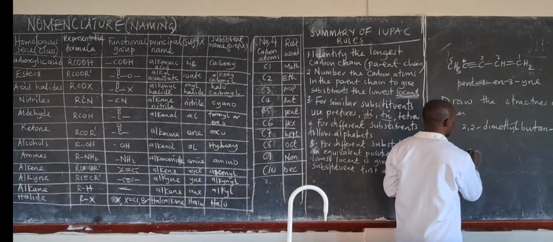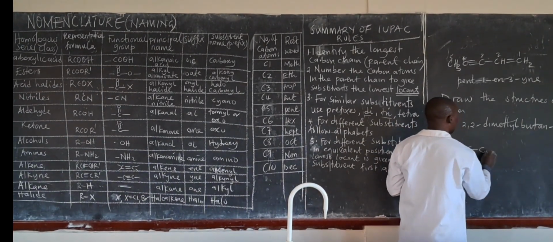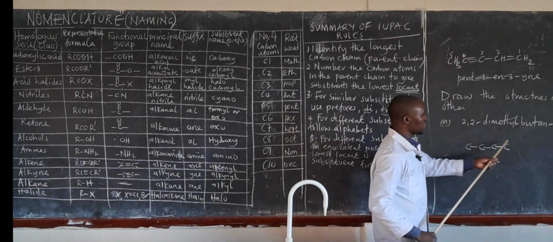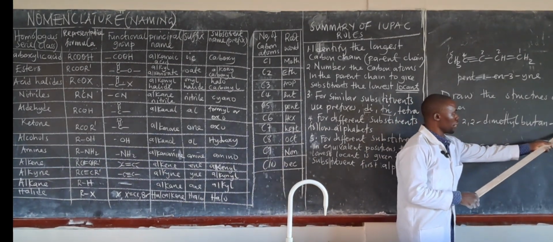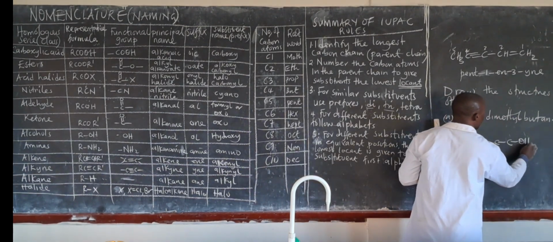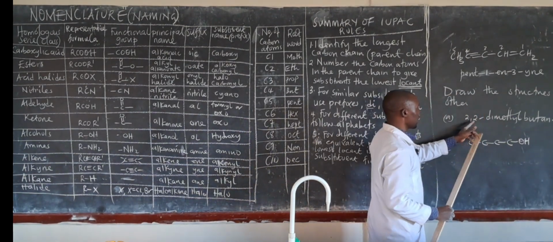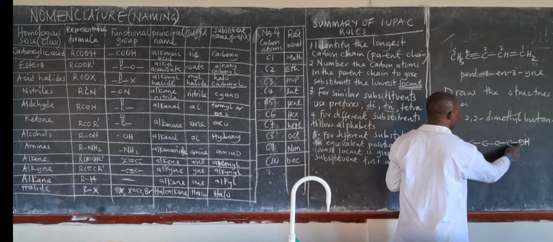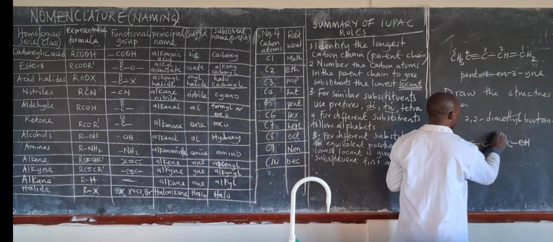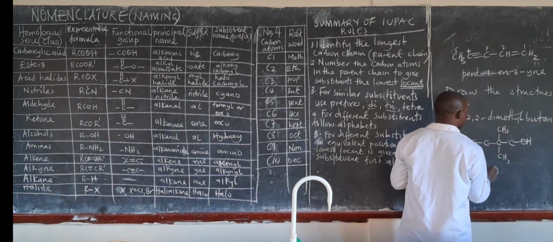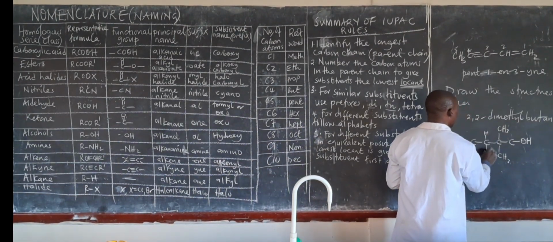First draw the carbon atoms; there are 4 from the root word. It has an OH group at position 1, so put it there. Then it has 2 methyl groups, both at position 2. So 1, 2, you number from the priority group. So methyl groups here. Then fit in hydrogen atoms.